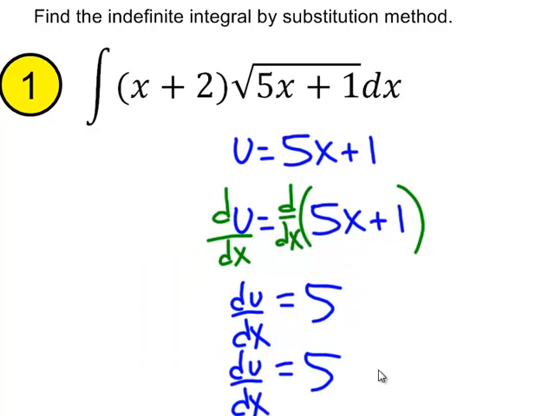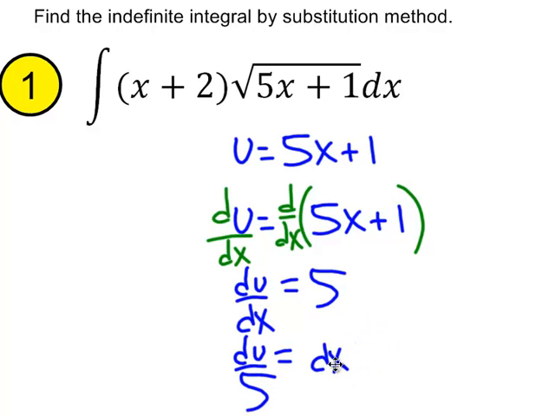And if I just copy that down here, and if I multiply both sides by dx, that essentially brings this dx over here. And if I then divide both sides by 5, that brings the 5 over here. So what have we done? Well, as I mentioned earlier, this 5x plus 1 can be replaced by this u. And we now see that this dx can be replaced by du over 5.